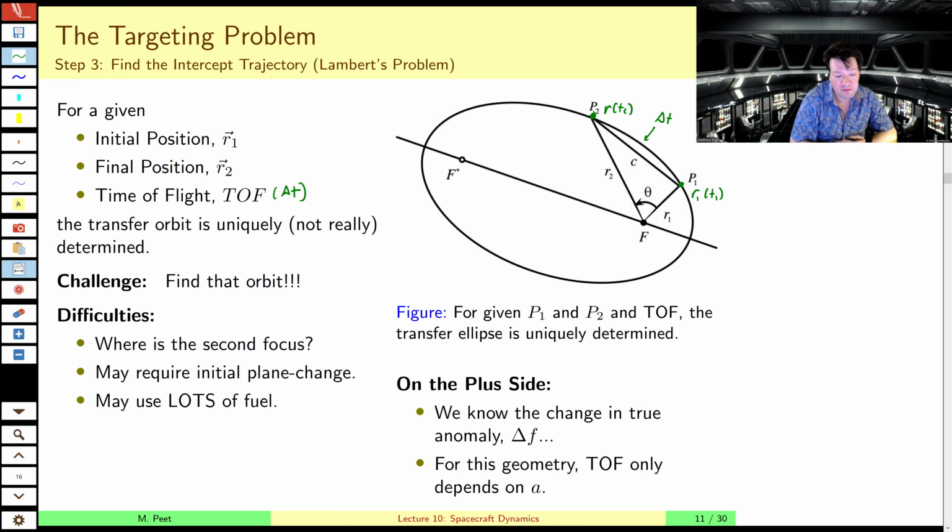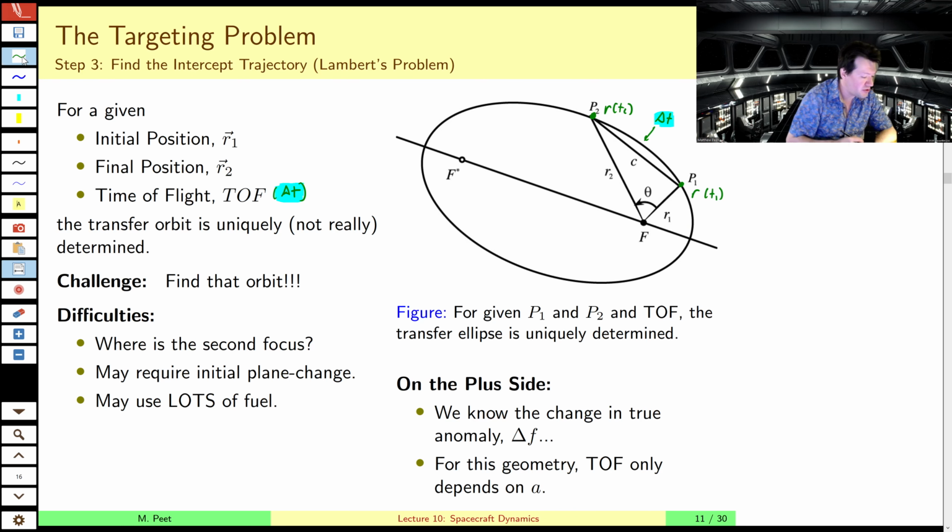But that's not what we have here. What we have is two position vectors on the orbit, and that is not enough to uniquely determine the orbit. Fortunately, however, we have a little bit more information. We have the delta t between these 2 points. And so we can use that, in Lambert's problem, to solve for the transfer between those 2 points. Although, again, at some point we'll discuss the fact that this transfer is not necessarily unique. But that's for later on.